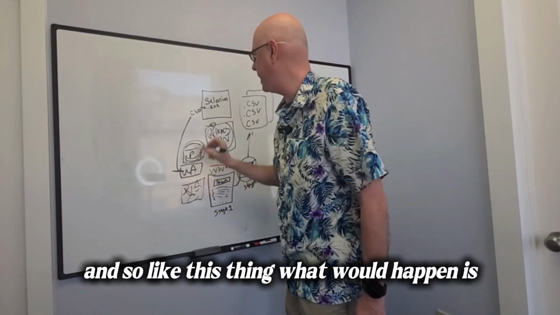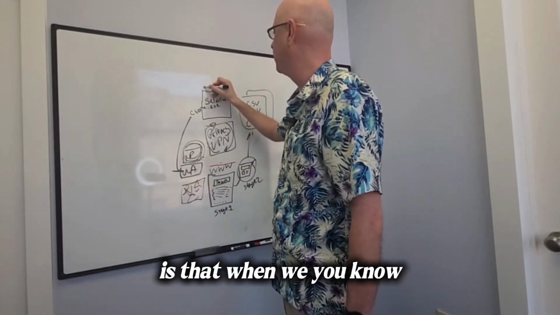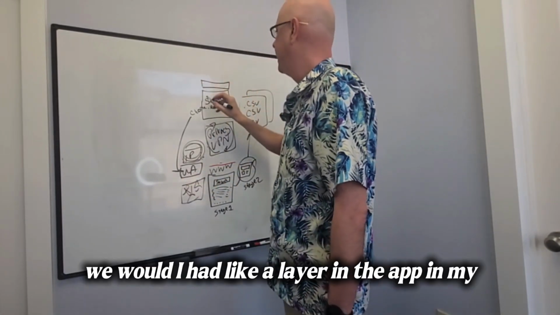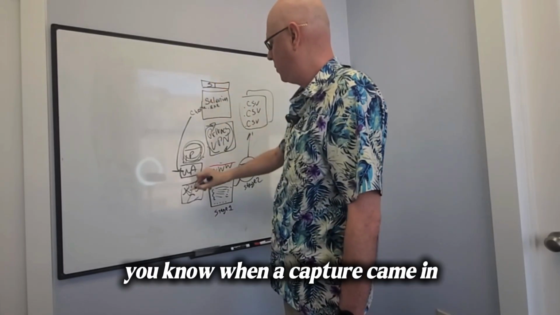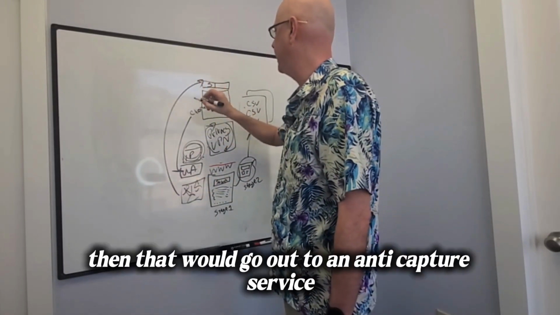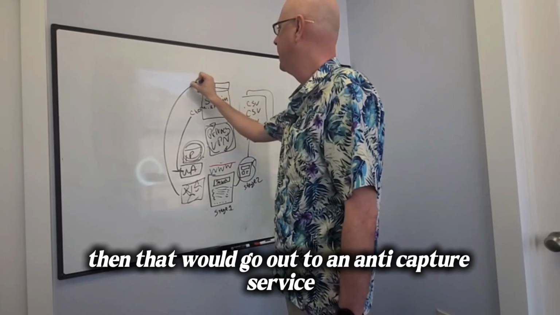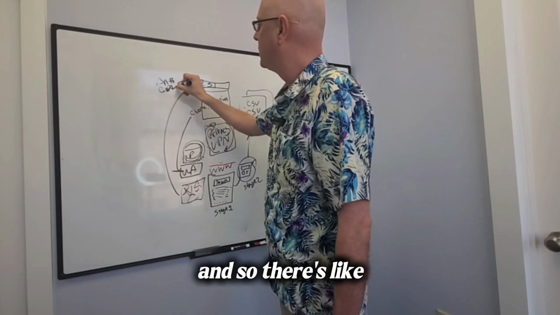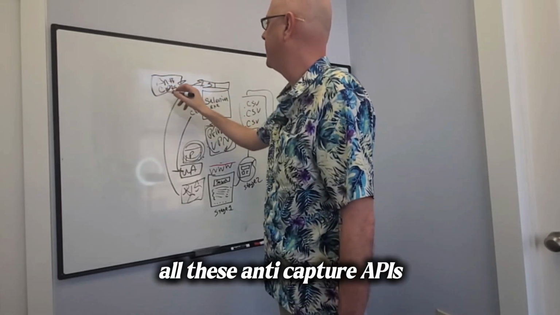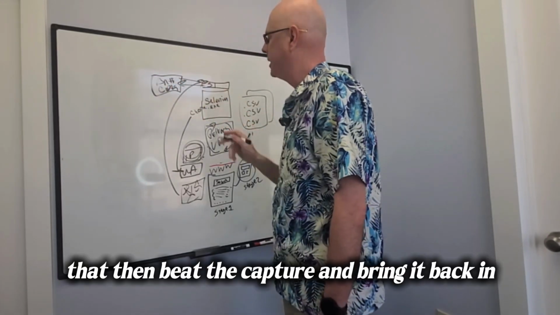What would happen is that when I had a layer, let's call it S1, and a CAPTCHA came in, that would go out to an anti-CAPTCHA service typically. There are all these anti-CAPTCHA APIs that beat the CAPTCHA and bring it back in.